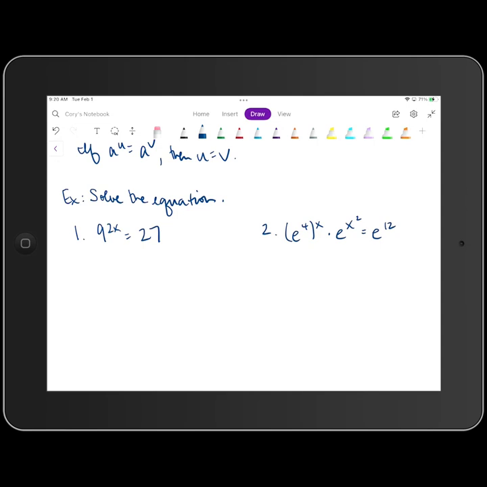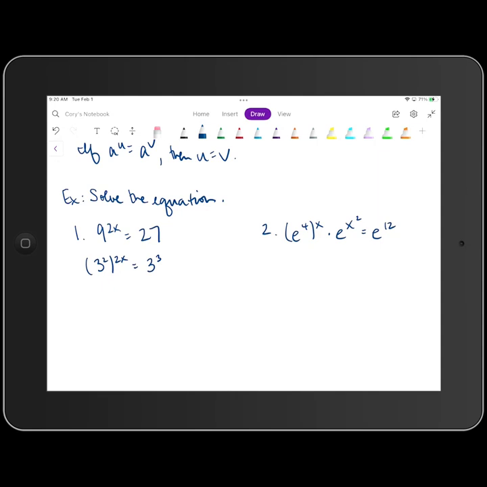I think a good base choice for both sides is going to be 3, because I can rewrite 9 on the left-hand side as 3 squared, which we are raising to the 2x power. And on the right-hand side, 27 we can rewrite as 3 cubed.